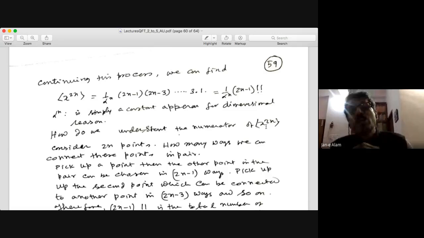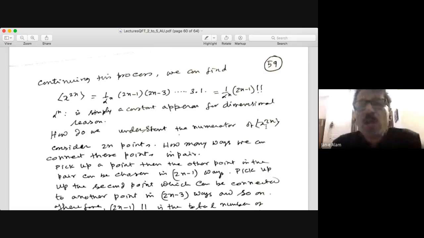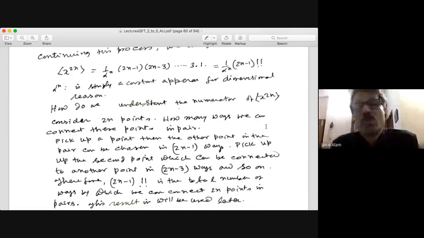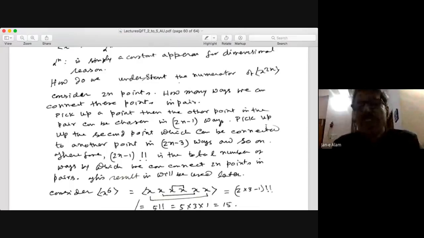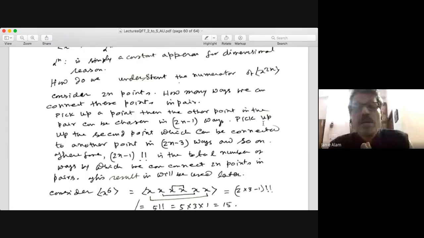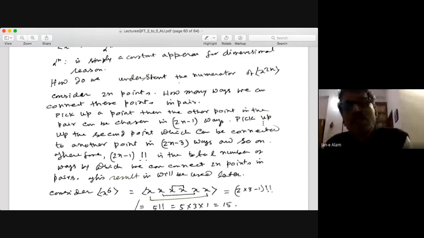Suppose you ask me to calculate 4-point correlation functions or 8-point correlation functions, this result will be very useful. So this is the background. Tomorrow I will elaborate more, but this is what will help me to determine certain factors. Okay, so x to the 2n average for a Gaussian kind of distribution actually gives me the result of how many ways you can connect 2n points in pairs.